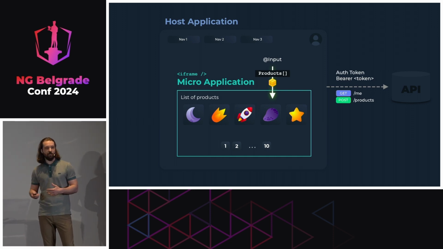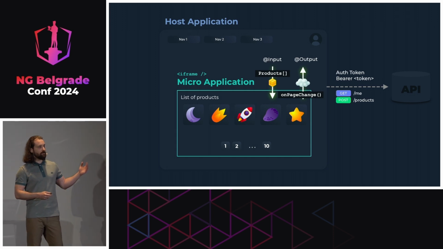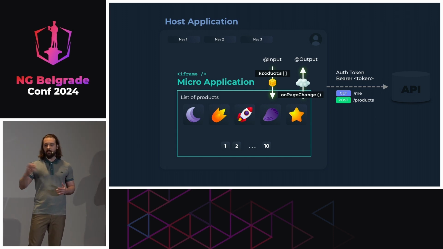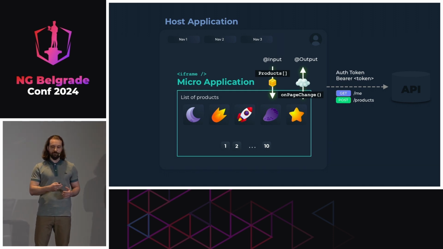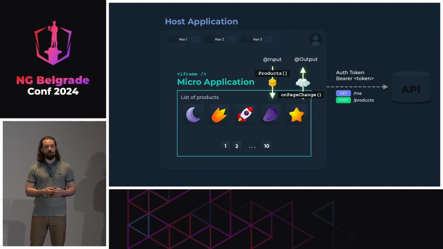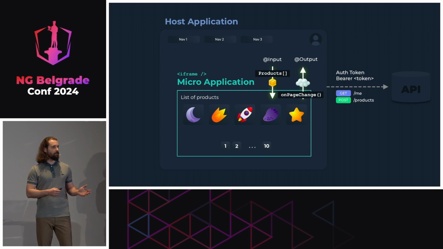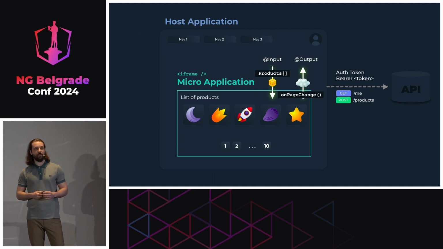So once the user clicks, for instance, on page change, we are looking to emit that event to our host application. Then the host application will catch the event, call the API, get the new list of products, and pass it to our micro app. So with this approach, as we can see, we can now reuse our micro application. So we can use it along with other projects if needed as well.